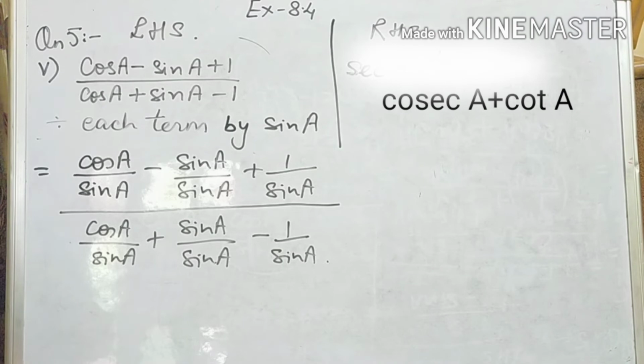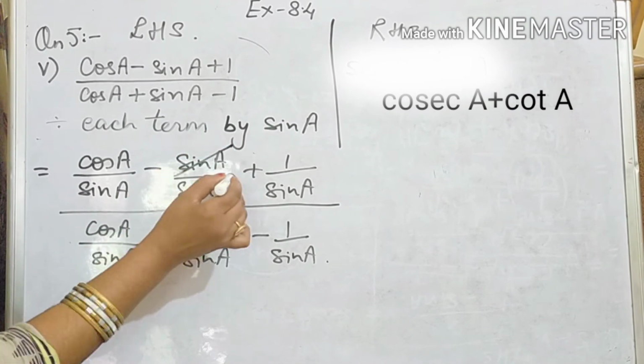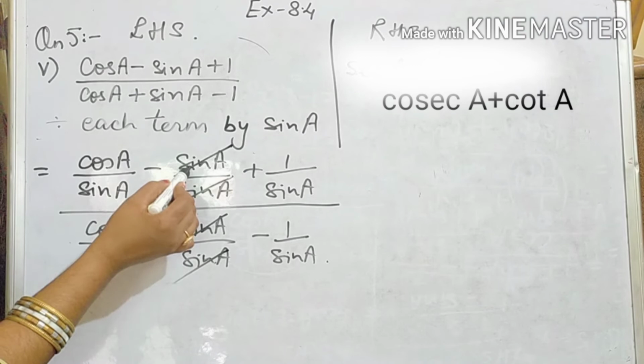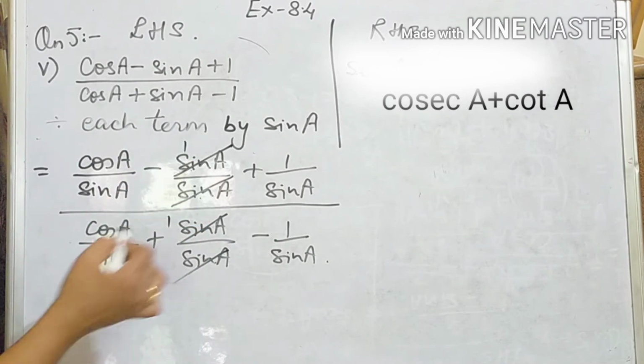Some steps are very easy. After dividing by sin A, you can cancel out this sine and sine, again this sine and sine. If you cancel these two, you'll get 1 here. Similarly, you'll get 1 here.